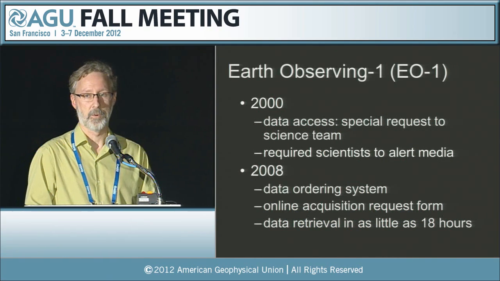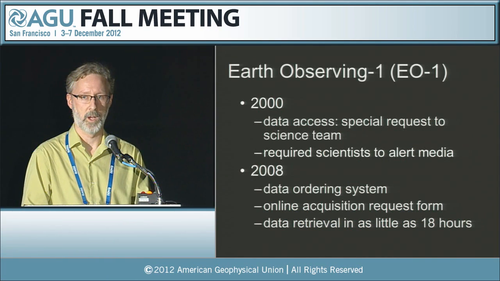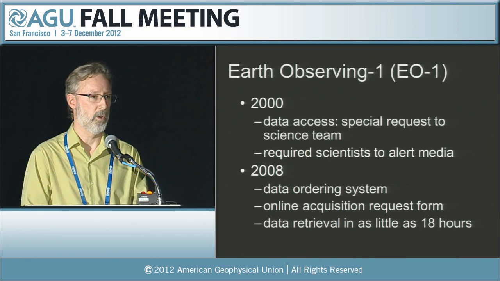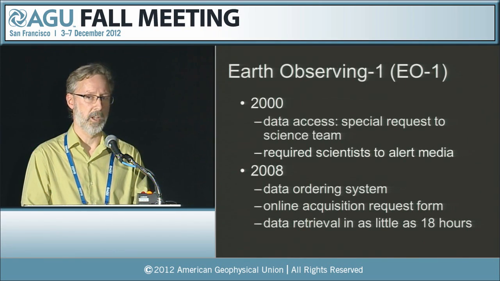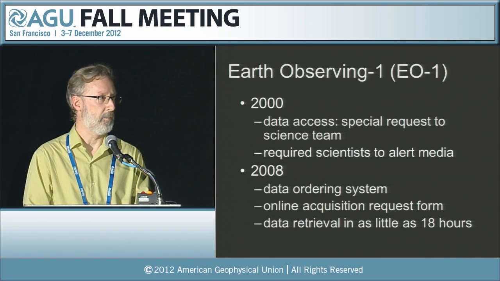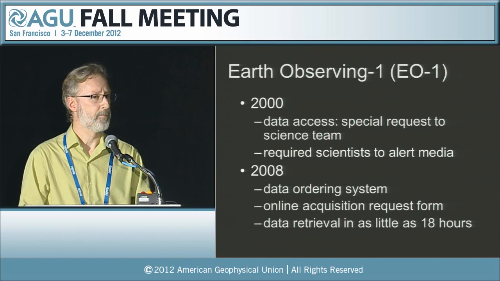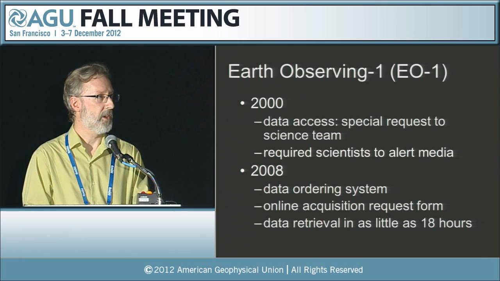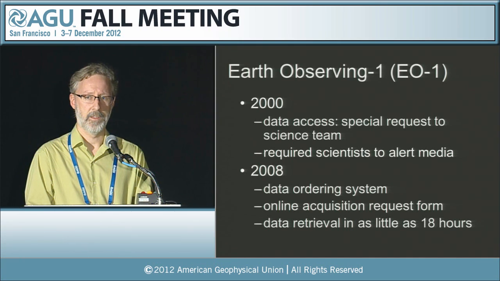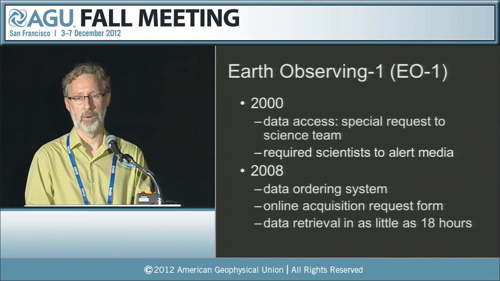Another great success story that's really worked well with us is the Earth Observing 1 satellite that was launched in 2000, and particularly one of its instruments called the Advanced Land Imager, ALI. But when it was launched, EO1 was a very research-oriented instrument, and the data access really required, like I mentioned before, connecting with scientists and saying, well, what have you got?